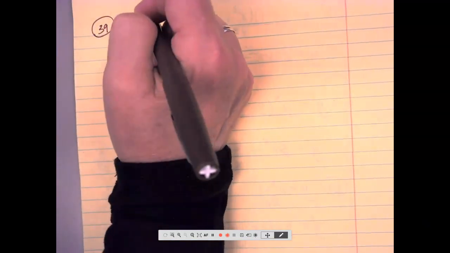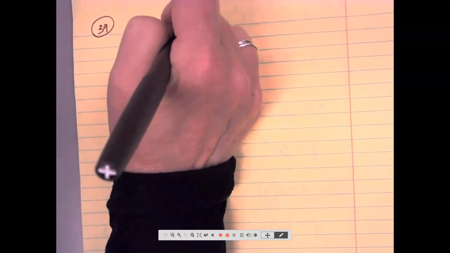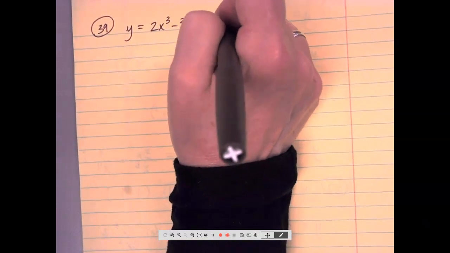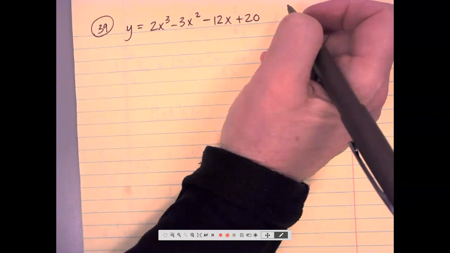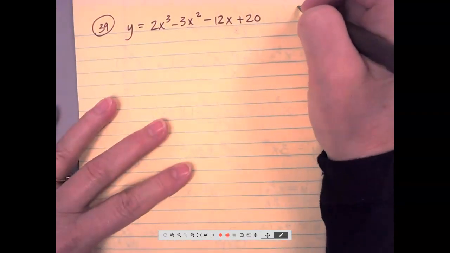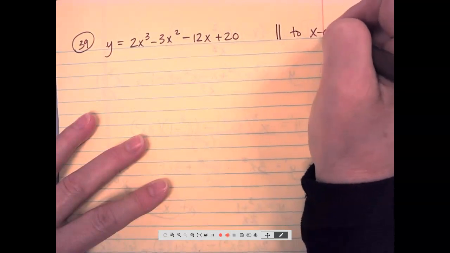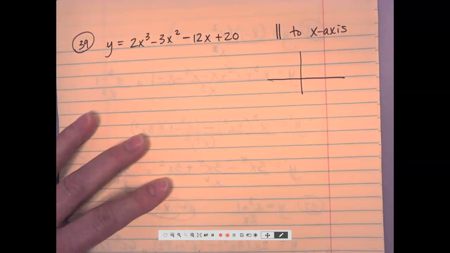Find the points on this curve 2x cubed minus 3x squared minus 12x plus 20, where the tangent is parallel, use those symbols for parallel, to the x-axis. Okay, so they're throwing some curveballs at us.